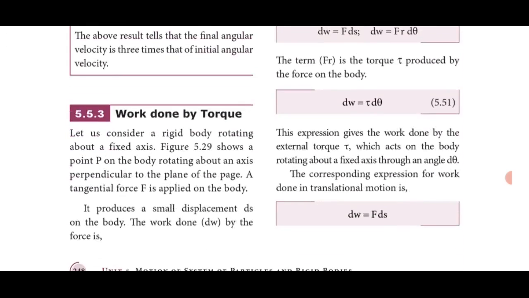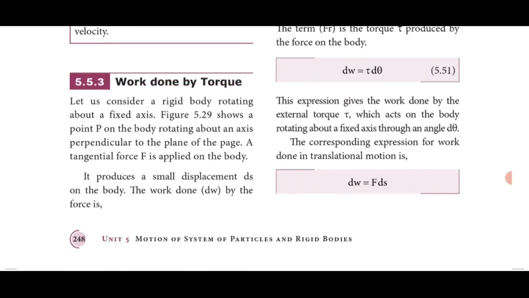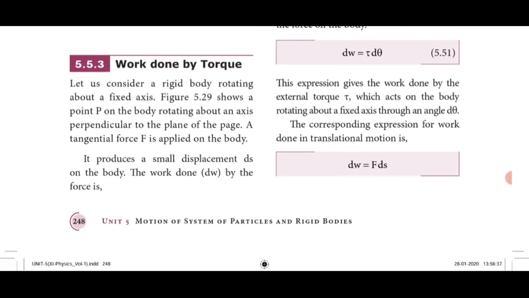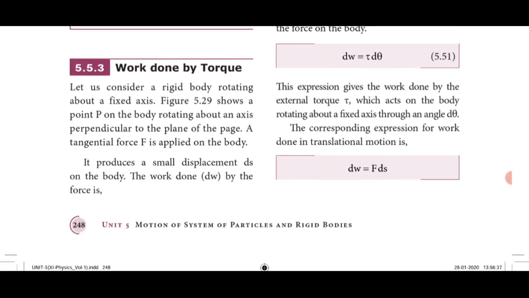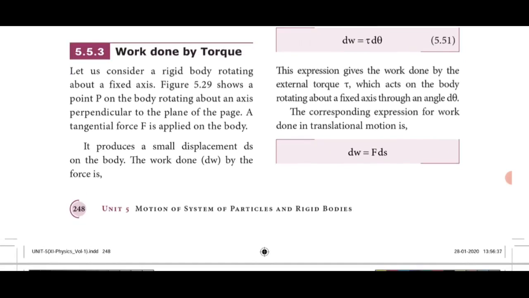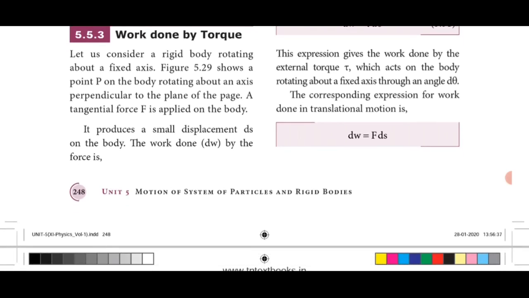So dW is equal to tau into d theta. This expression gives the work done by the external torque tau, which acts on the body rotating about a fixed axis through an angle of d theta.